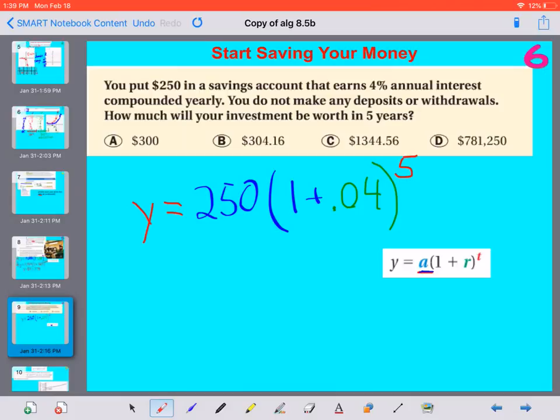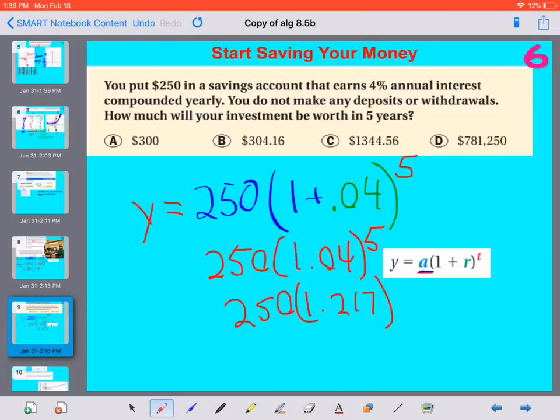So if I'm going to put this in, it would be 250 times 1.04 to the fifth power. Now 1.04 to the fifth power gives us 1.217-ish times 250.